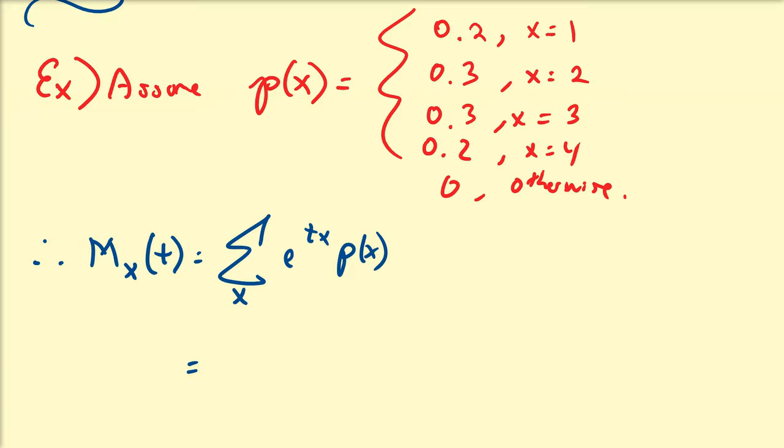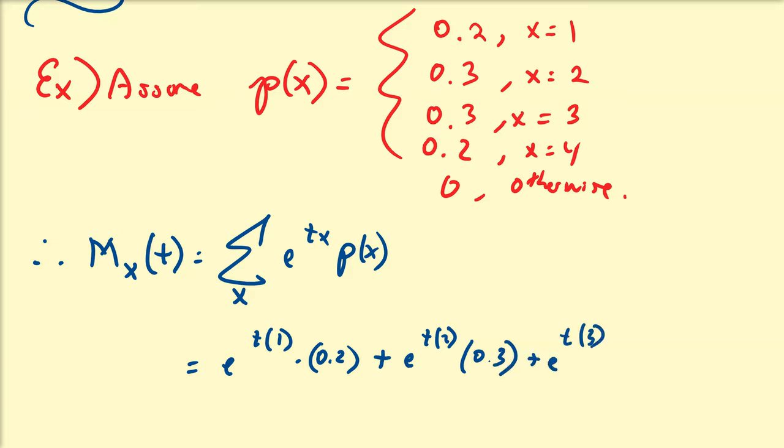The first x value is going to be 1, so this is going to be e to the t times 1, and the probability associated to 1 is 0.2. Plus, the next x value is 2, so it's going to be e to the t times 2, times the probability associated to 2, which is 0.3. We continue this for the other values, so e to the 3t is going to be times 0.3, and then e to the 4t times 0.2.